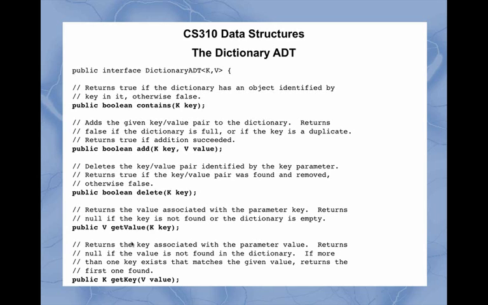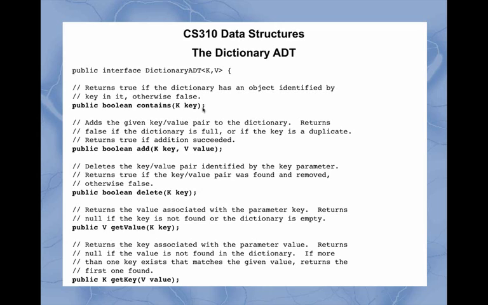This is an example of a dictionary ADT interface. This is not the interface, but rather an example of an interface. So you may actually have slightly different methods in a dictionary, but these are in general what you have. A lookup to see whether or not the given key is in the dictionary.